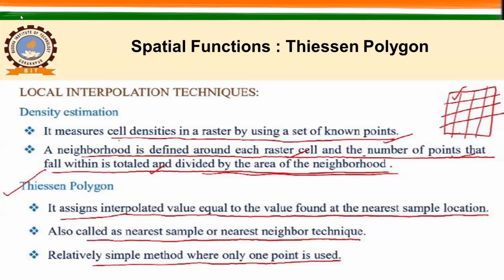It is also called the nearest sample or nearest neighbor technique, because it is going to take the immediate neighbor value. It is a relatively simple method, where only one point is used. Let us see how exactly we perform this.